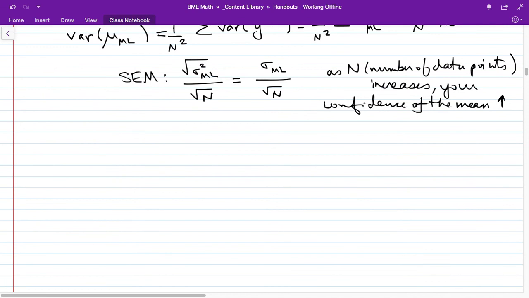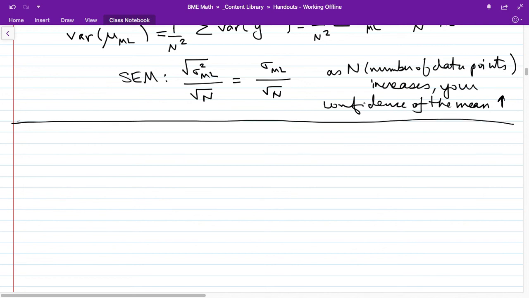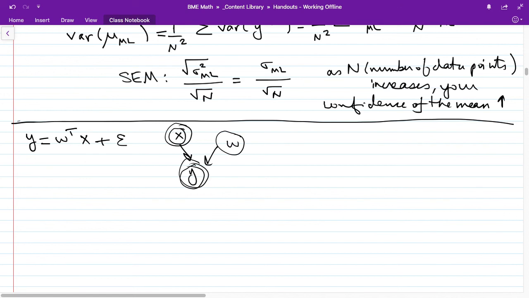Great. All right. So the second half of our lecture is about applying some of this maximum likelihood to the problems that we've been considering. So, we've been writing equations that say the things that we observe depend on x based on some linear model plus some noise. And what that means is that there are things that you can measure, x, that produce other things that you can measure, y, that depend on some unknown, w.